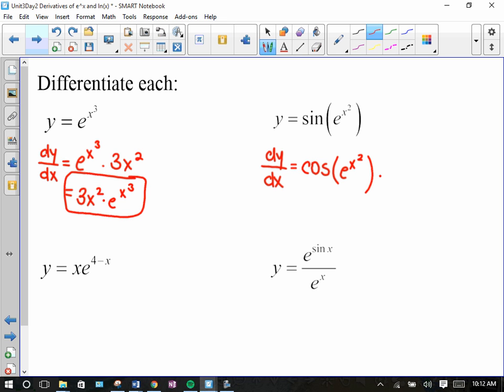Think of it as e to the u, so e to the x squared times the derivative of the x squared power. The derivative of x squared is what? 2x. So our answer is 2x times e to the x squared times cosine of e to the x squared.